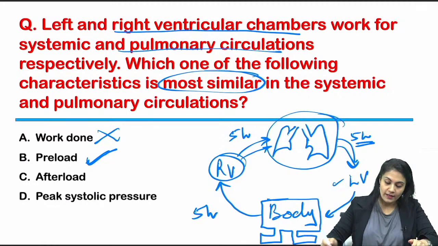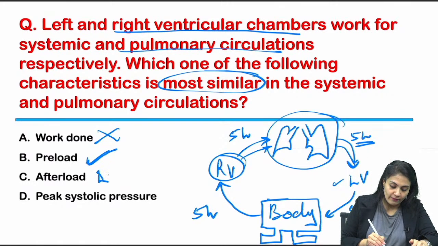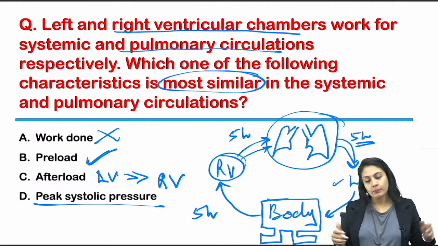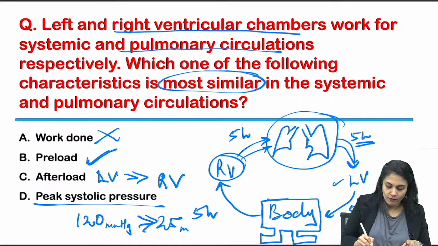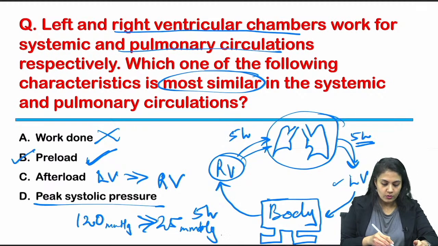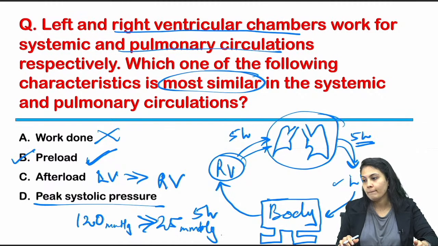Peak systolic pressure of the left ventricle is around 120 mmHg in a normal person, and around 25 mmHg in the right ventricle. So they are also different. The answer here is option B.